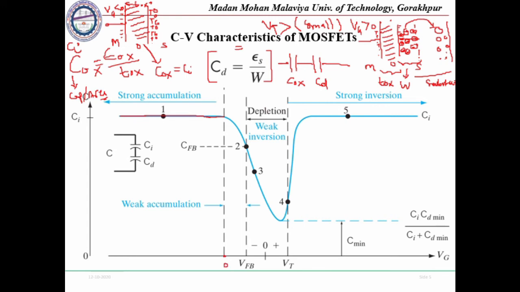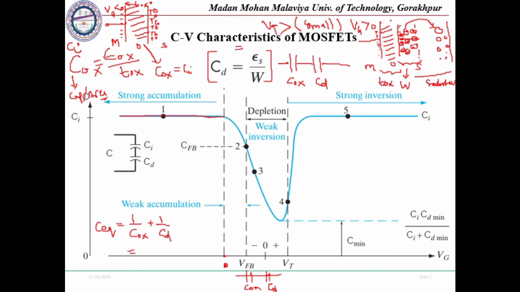In this region, the application of gate voltage makes the MOS system work in the depletion region. So in this depletion region, your capacitance is given by two values, that is COX and CD. These two are connected in series. So overall, the equivalent capacitance in this region will be given by 1 upon COX plus 1 upon CD.